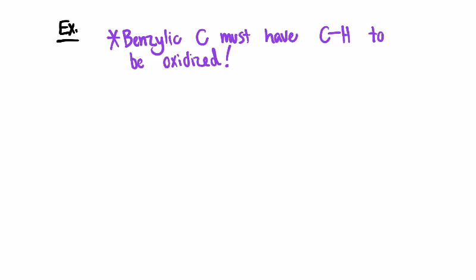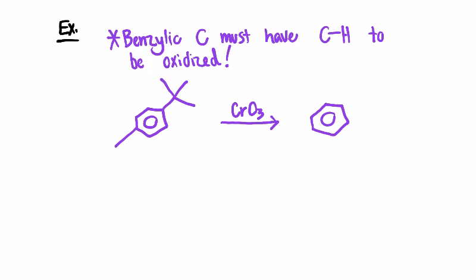So let's take a look at this example problem here. Let's say we subjected this to an oxidizing agent, for example CrO3. And looking at what we have available here, our methyl group over here can definitely be oxidized, so I'm going to convert that to our carboxylic acid group, our COOH group.